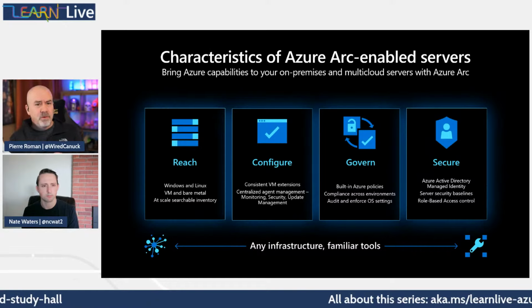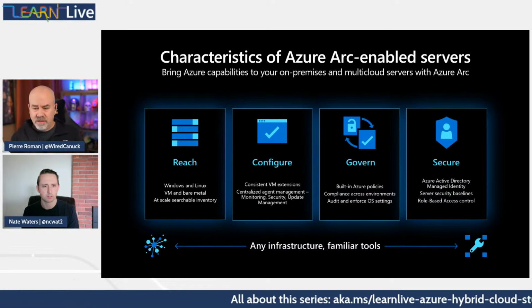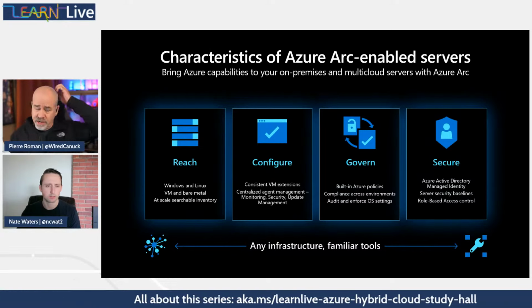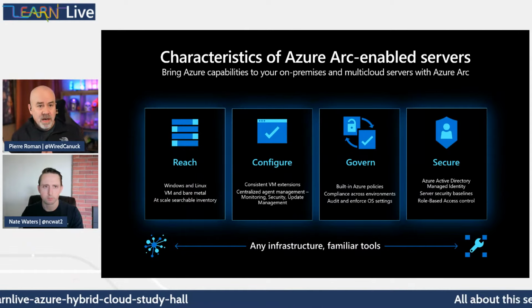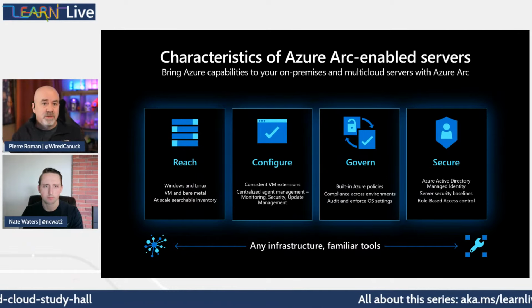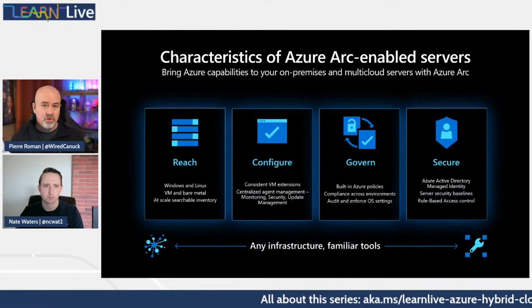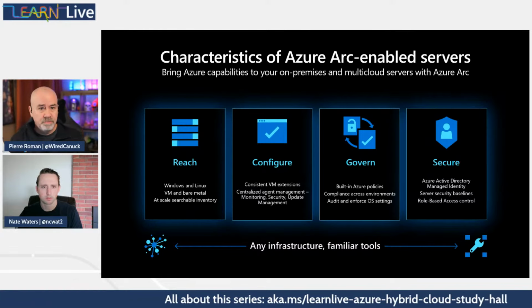I'm not a DevOps person. We'd have to maybe ask Jay Gordon or April Edwards to drill into this. But I believe it enables at least a portion of the DevOps practices to your Arc-enabled servers.